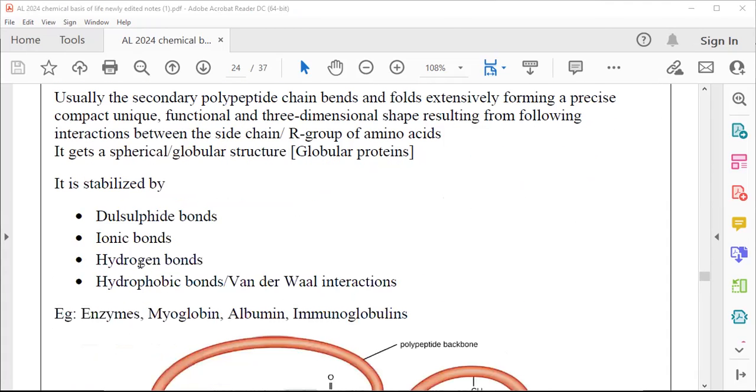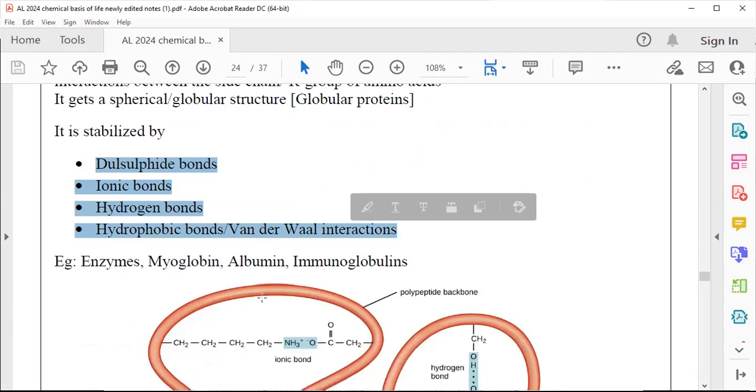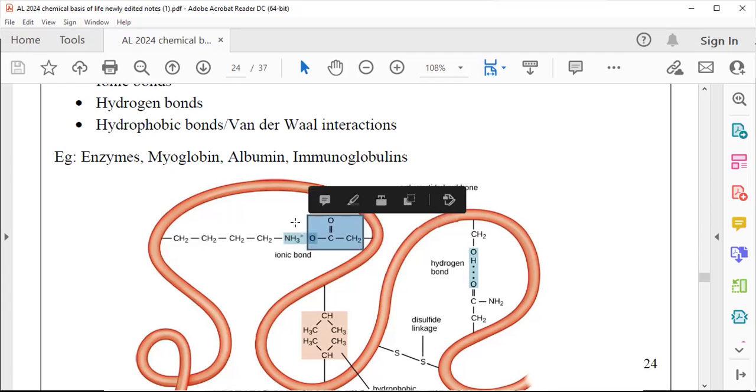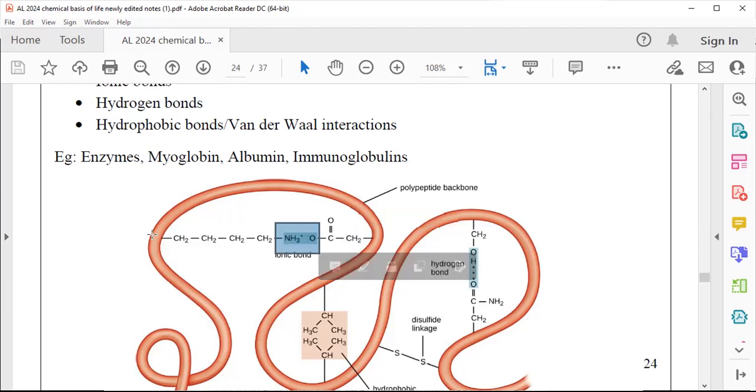All these interactions are created between the side chains. Now see, this is a side chain. This is another side chain. Between side chain and side chain, what bond is created? Ionic bond.